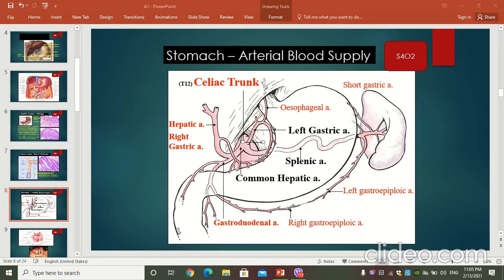On the greater curvature, we have a branch from the splenic artery, called the left gastroepiploic artery, and a branch from the gastroduodenal artery from the right, called the right gastroepiploic artery, anastomosing on the greater curvature. Other branches from the splenic artery supply the fundus, called short gastric arteries.